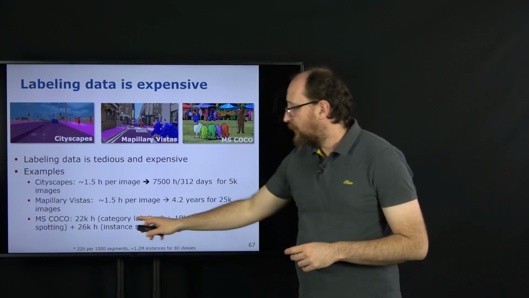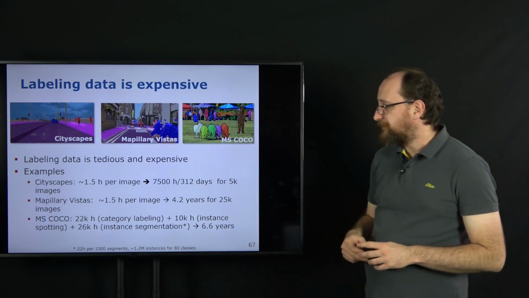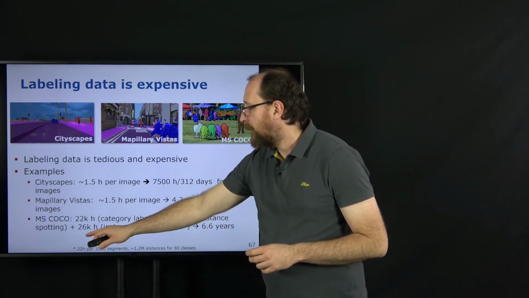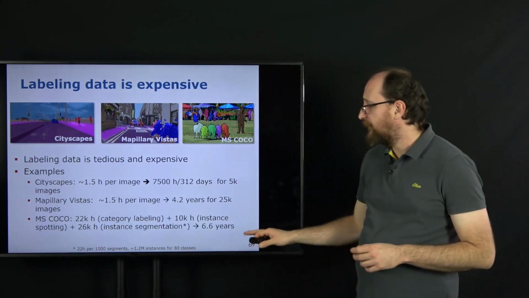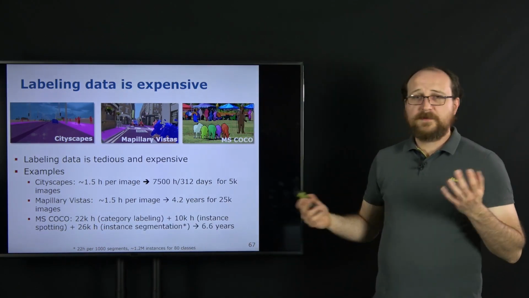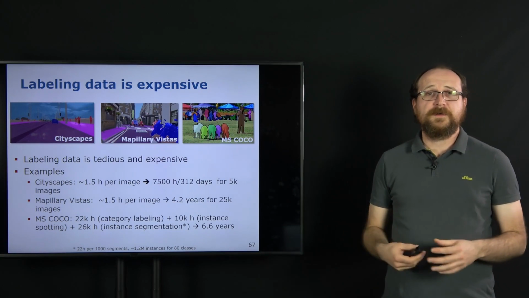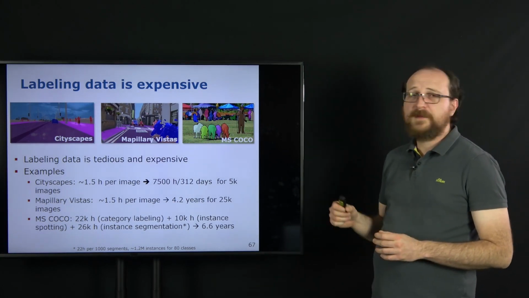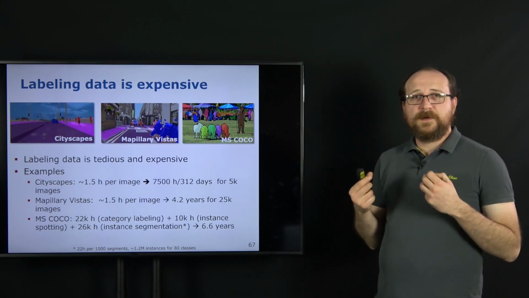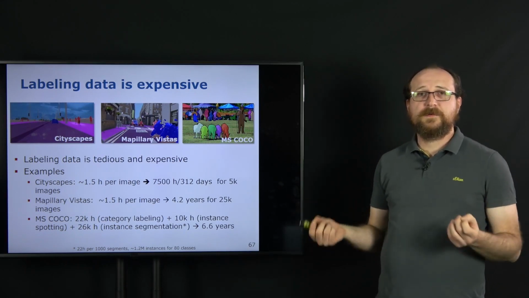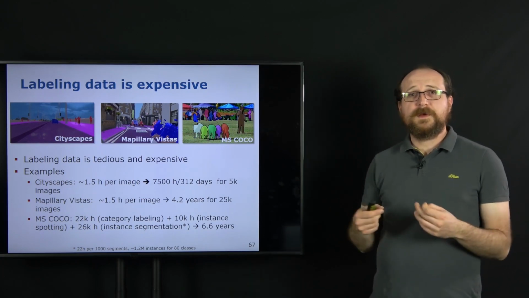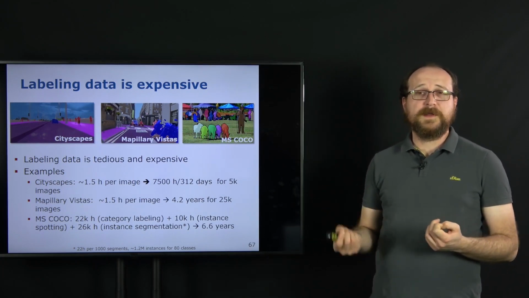When we take together the instance segmentation, this comes to 26,000 hours. And when we compute everything together, this is something around 6.6 years overall. So annotating such large datasets is very expensive, because you can only achieve it if you have a lot of people available to label such data.